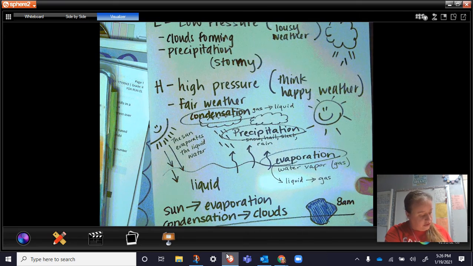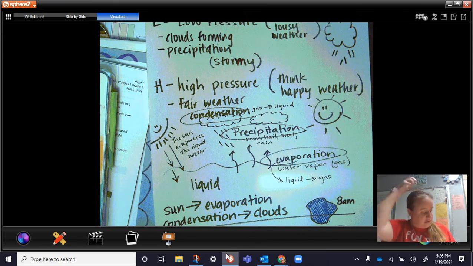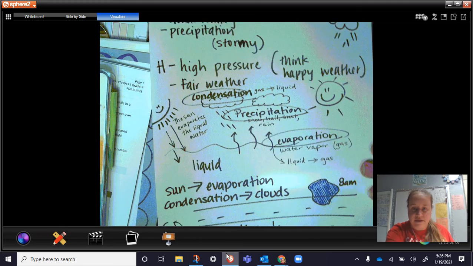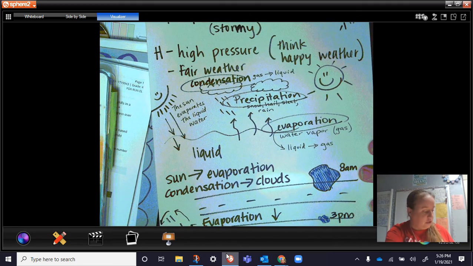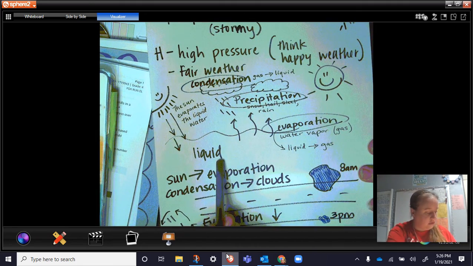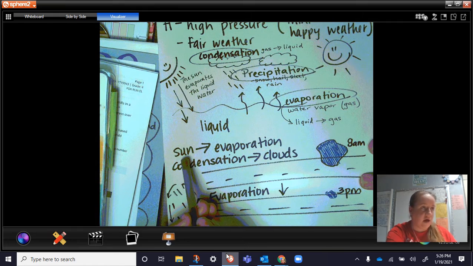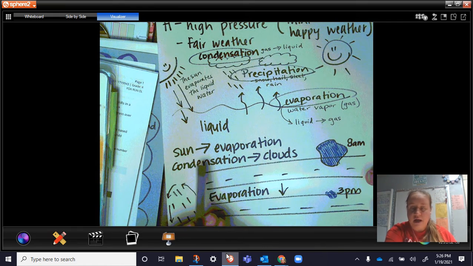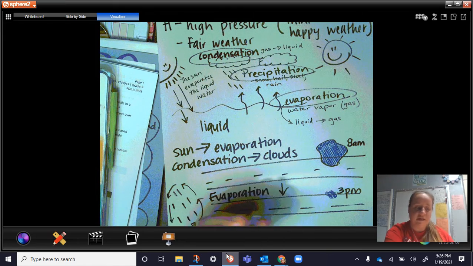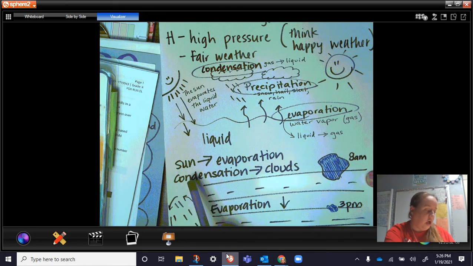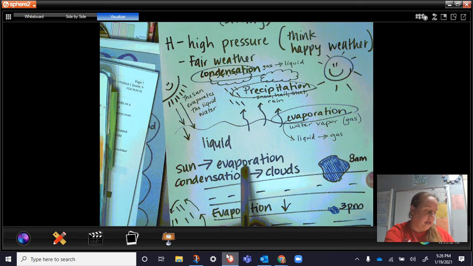The biggest part of the test has a lot of things about the water cycle, so we reviewed the water cycle. Then we did some word association. When we're talking about the water cycle with the sun, we're immediately connecting that to the sun evaporating the water.